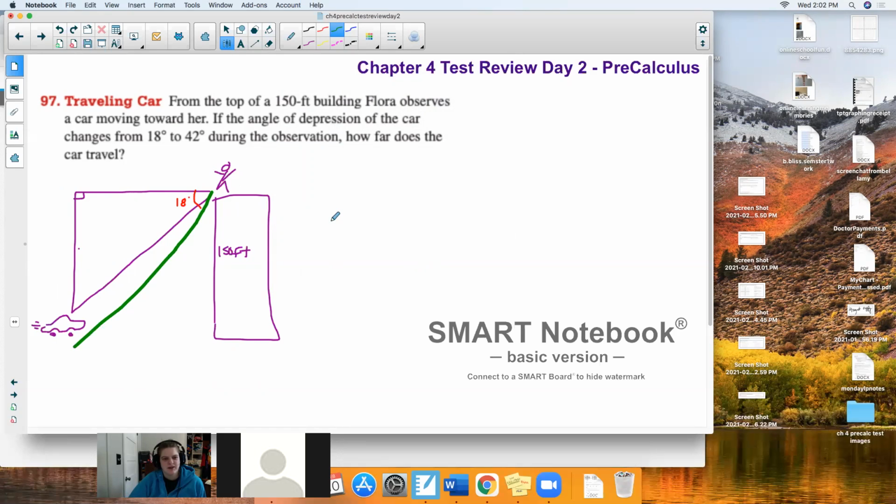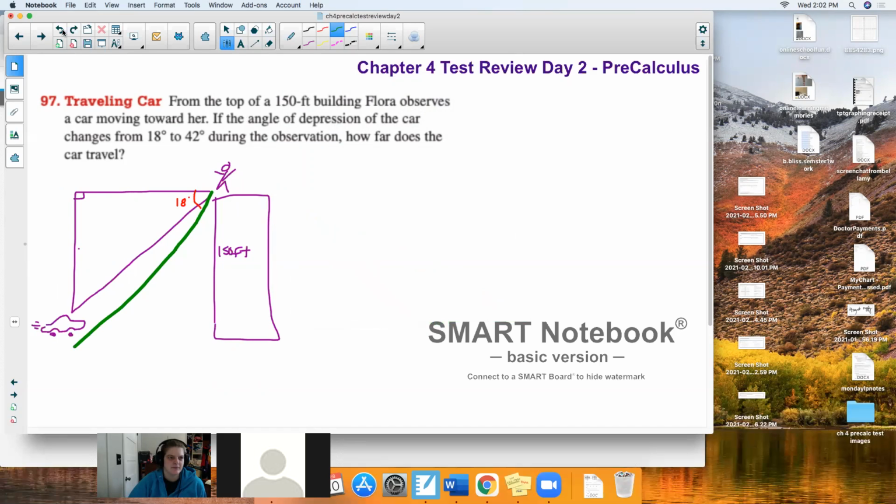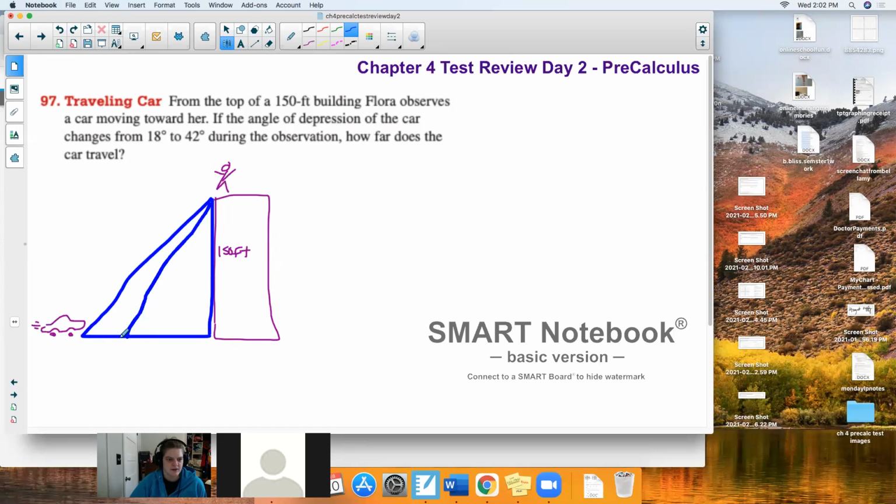Let me think about how I've messed this up here. Because it's supposed to be like that. Okay, so that's there, and then the car moves closer.